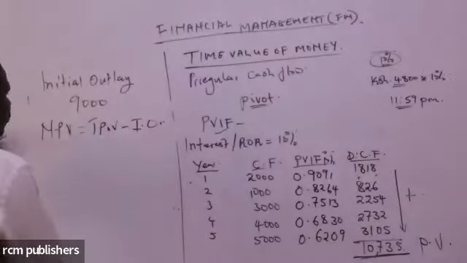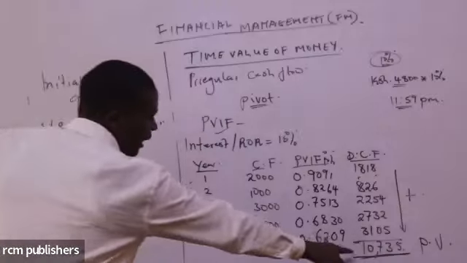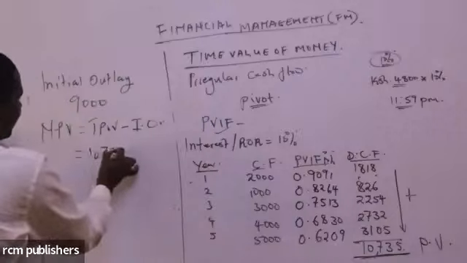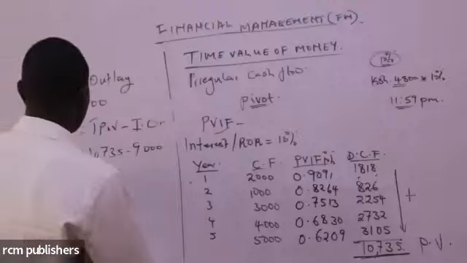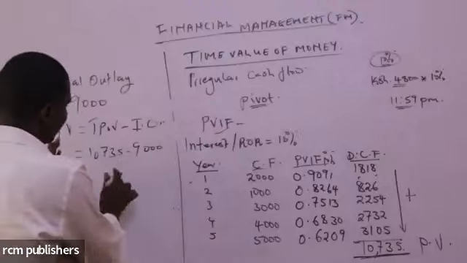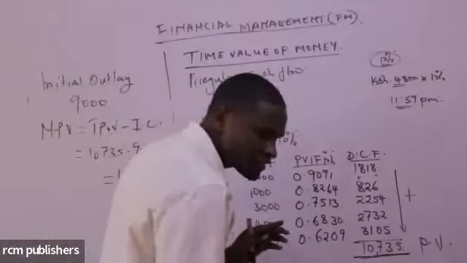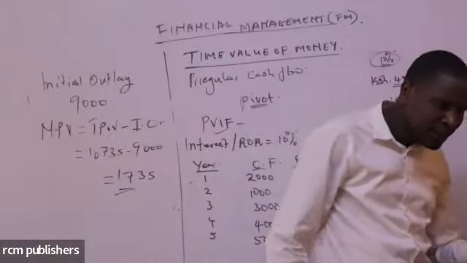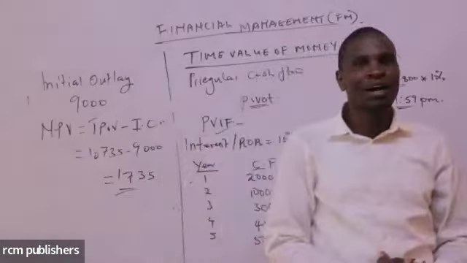We have the total present value as 10,735 minus 9,000, and therefore this project has a positive NPV of 1735, therefore it's viable.